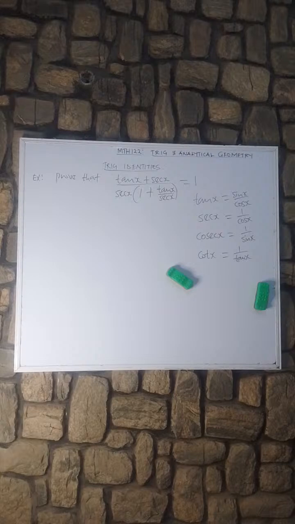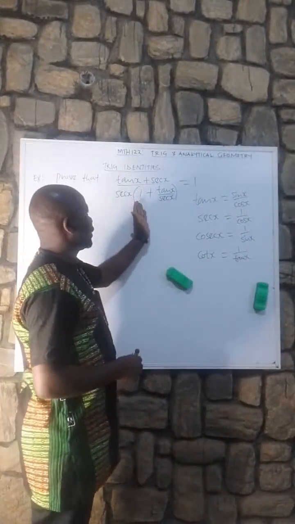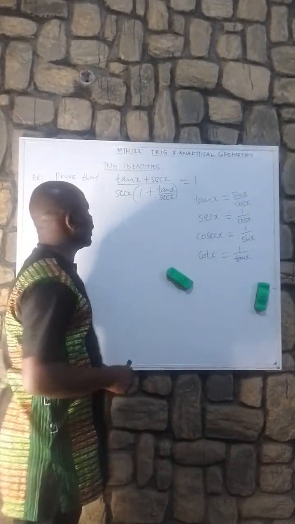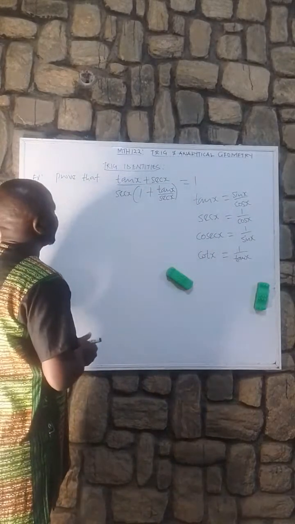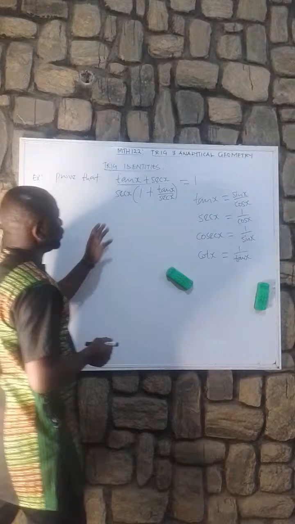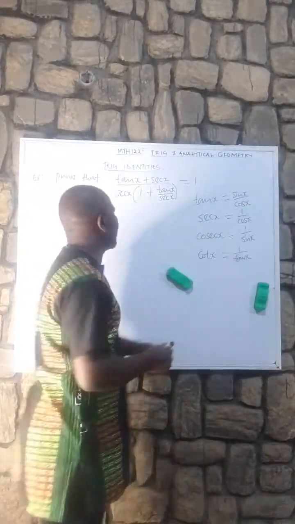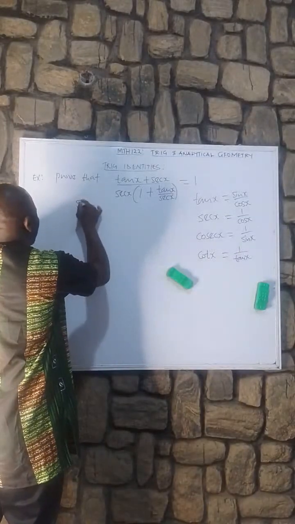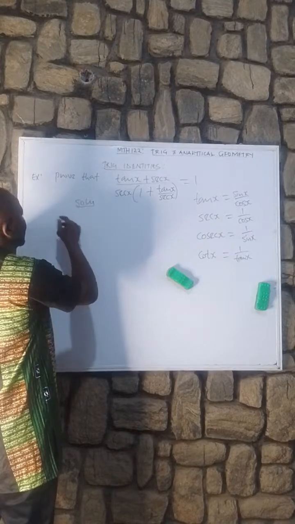whether the left side will be equal to 1. So let's look at it together. Note that tan x is equal to sin x all over cos x. So let's write the solution.